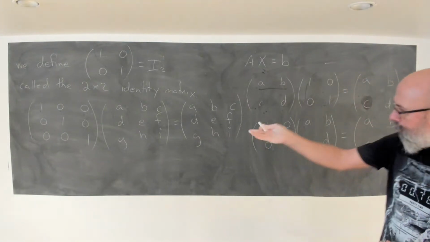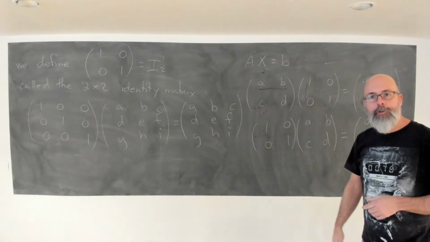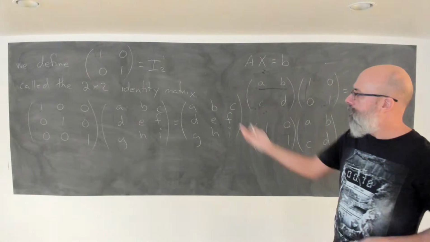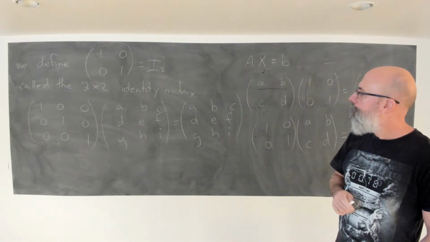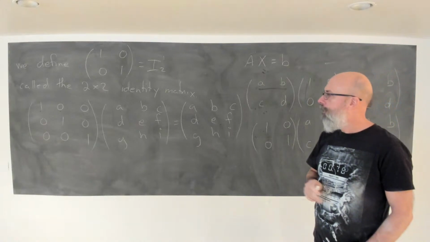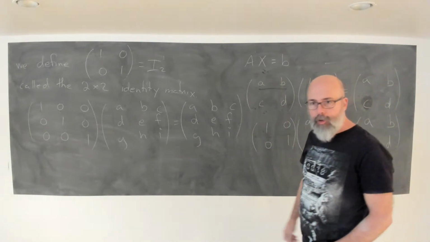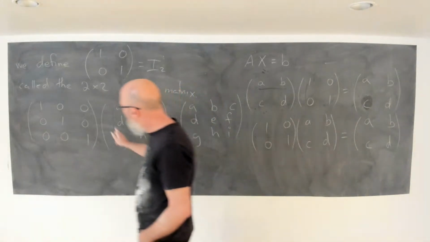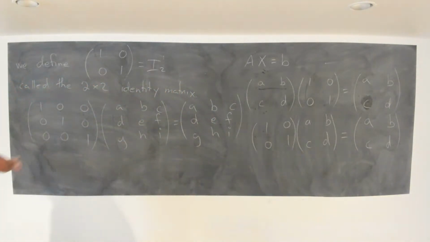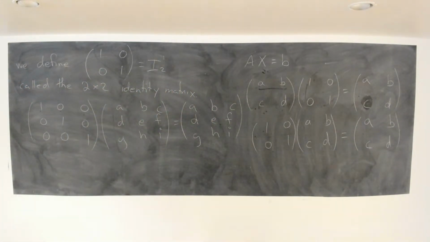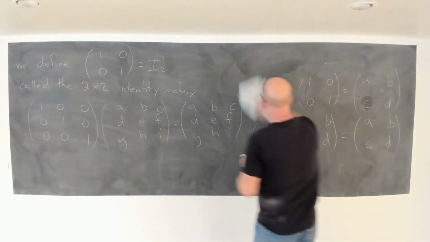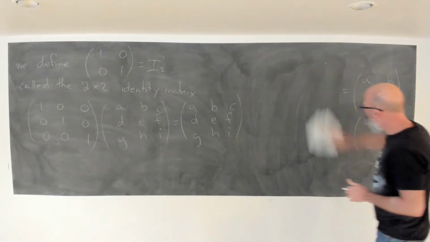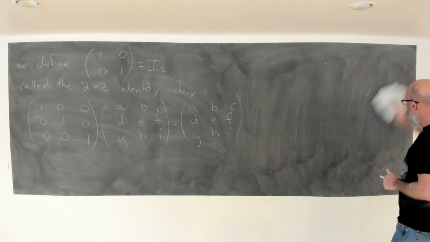I'll let you do the multiplication, but I mean, it's trivial. I'm sure you see it already. And same if you do the multiplication the other way. And this idea generalizes to higher dimensions, larger and larger matrices. And they all have the same name. They're all called the identity matrix. It's only the size that changes.